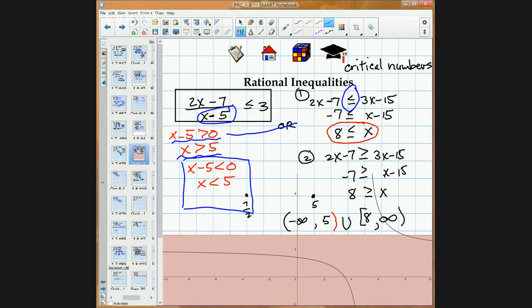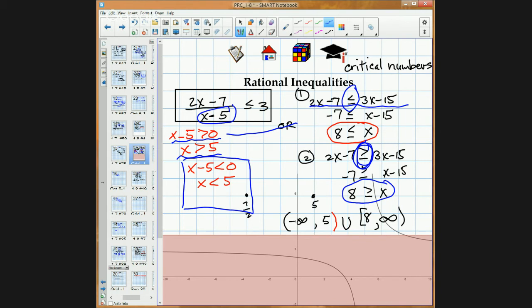I got to reverse the inequality sign. I'm putting a couple circles around that. Big deal. So, look, the algebra looks the same. 2x minus 7, 3x minus 15. Same thing we had up here. But you notice this sign is reversed? That's a big deal. So now when I get done with the algebra, on this part I get this. X is less than or equal to 8.